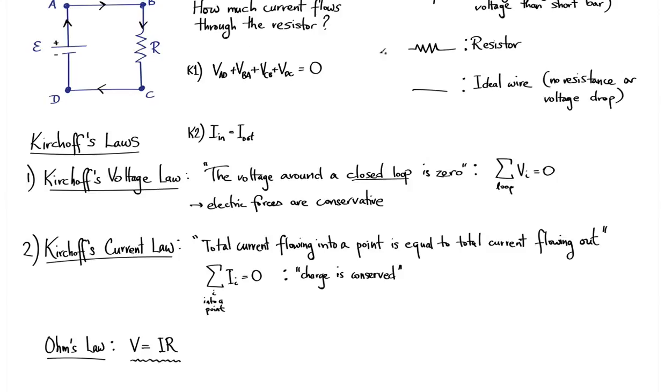ideal wire has no resistance, right? So if it has no resistance, then the voltage drop, the voltage across an ideal wire, which we denote just as a straight line, is 0.